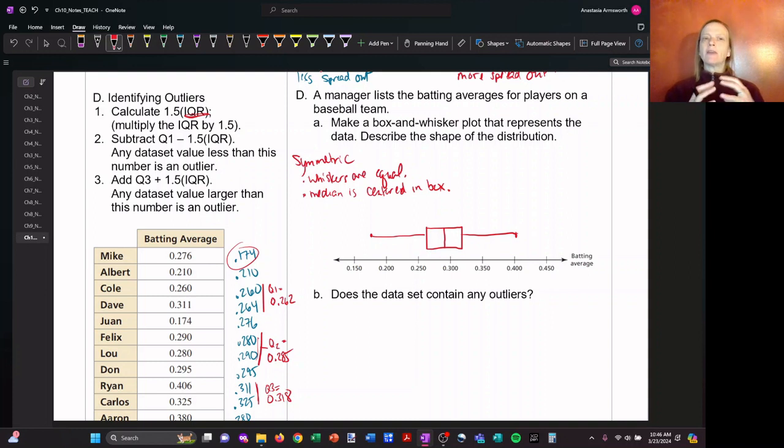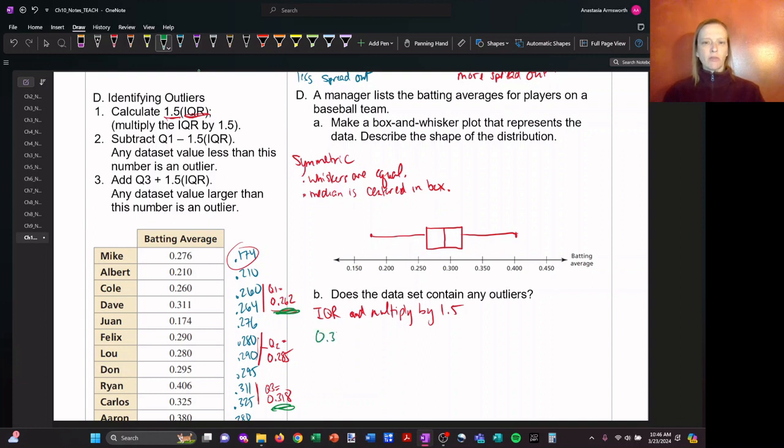So what we're going to do is find the interquartile range and multiply it by 1.5. So let's do that first. So what is my interquartile range? My interquartile range is the difference between Q1 and Q3.